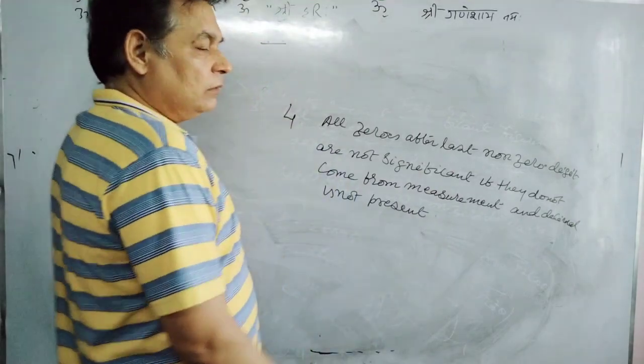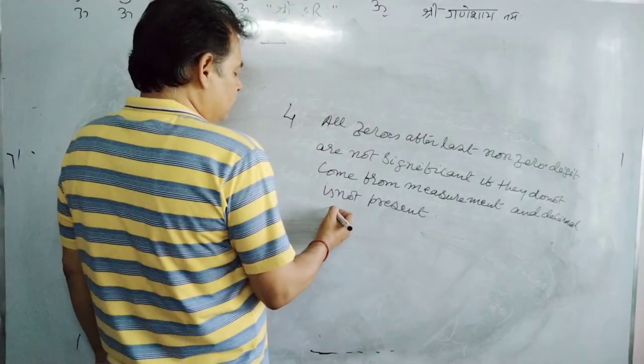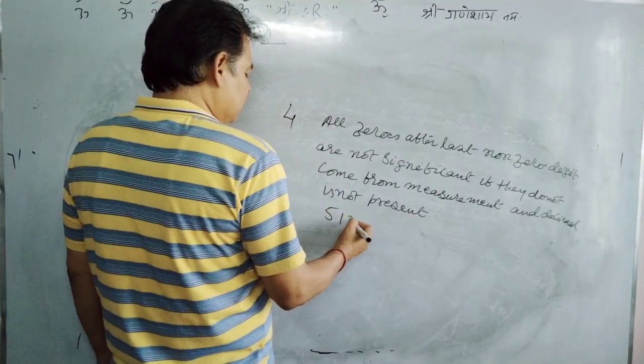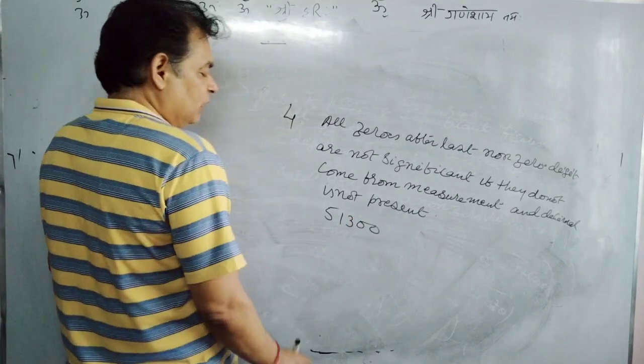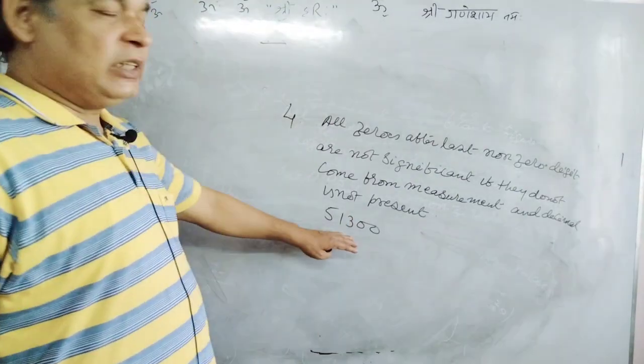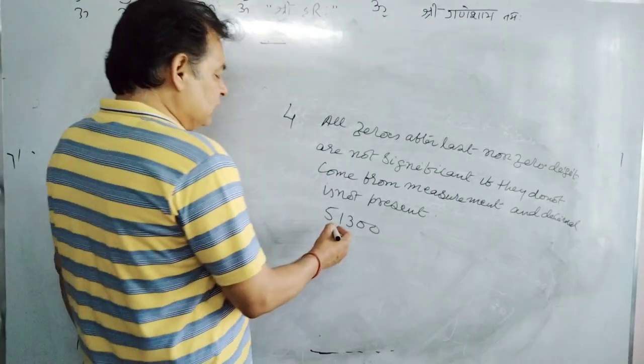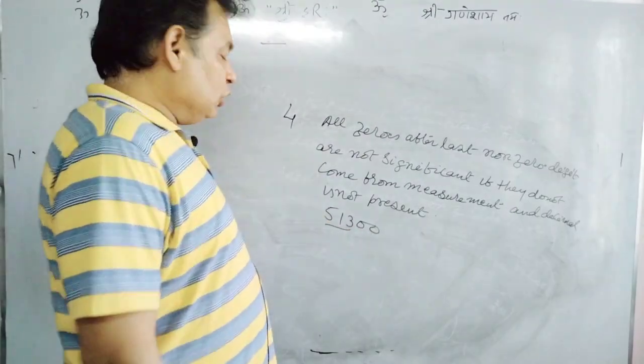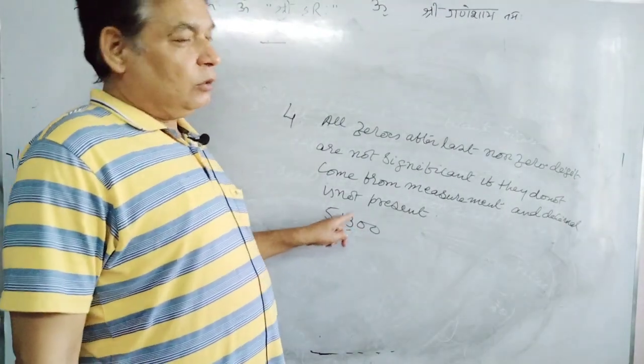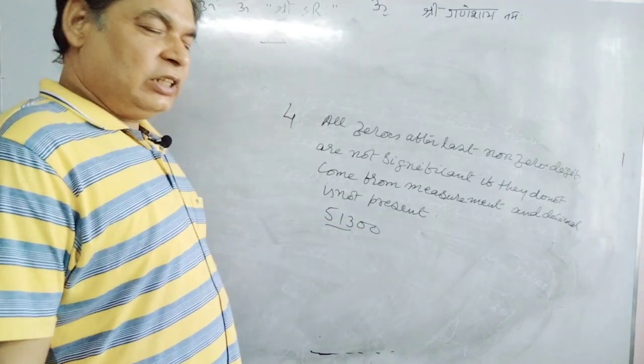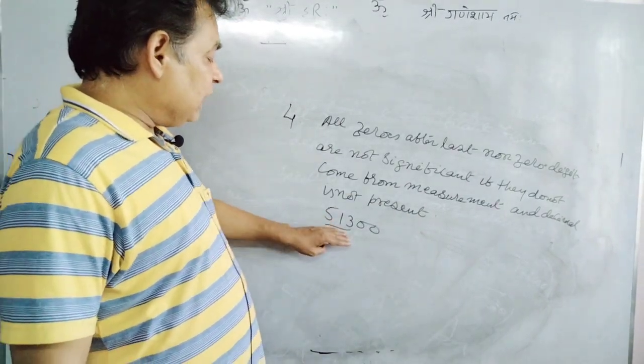What does it mean? Suppose this is 51300. There are 5 digits, but out of these 5, only these 3 are significant. Zeros after the last non-zero digit are not significant if this number has no decimal.